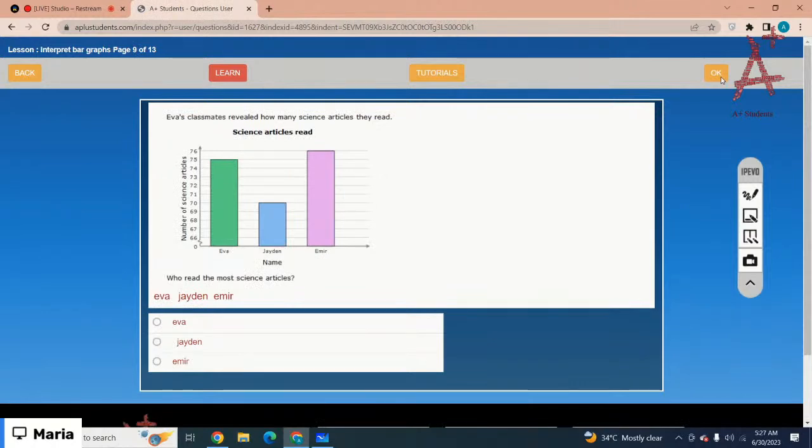Okay, Eva's classmates revealed how many science articles they read. Who read the most science articles? You have to look for the largest line.